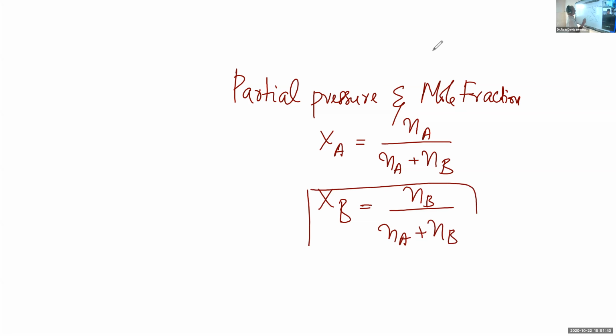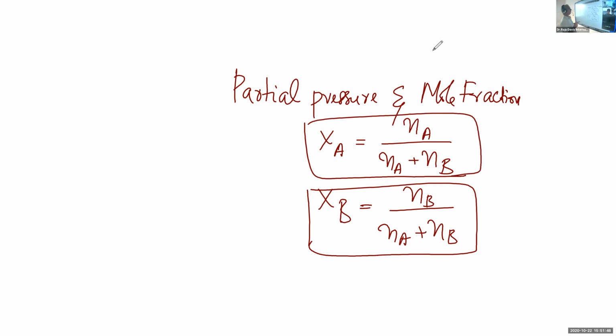So the ratio between the number of moles of each component and the total number of moles of all the components, that's called the mole fraction.